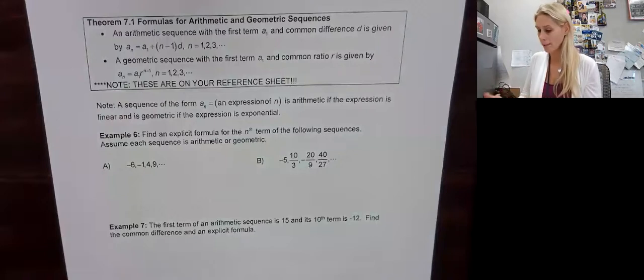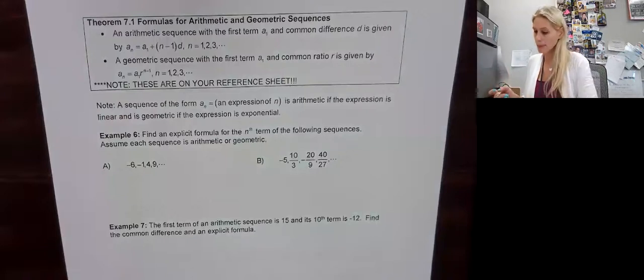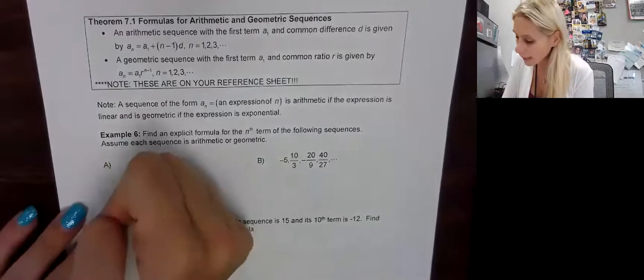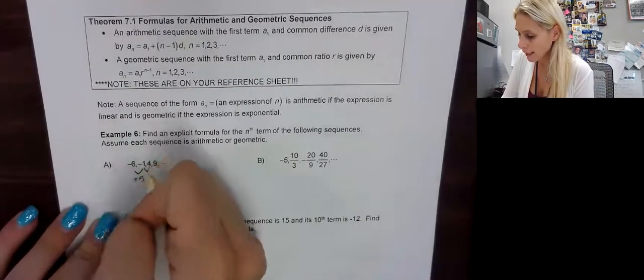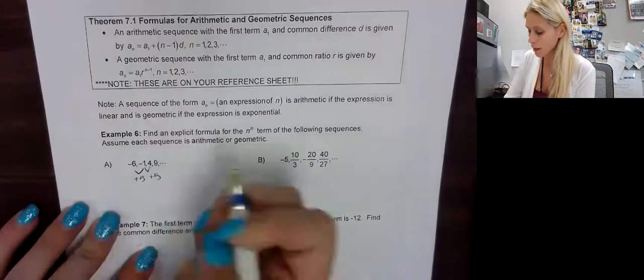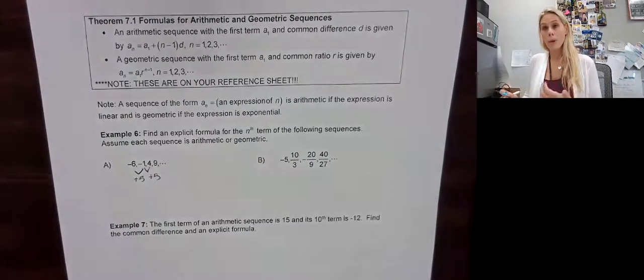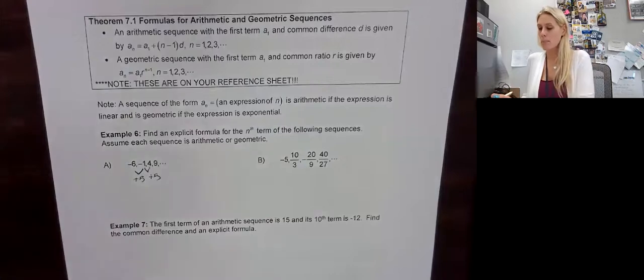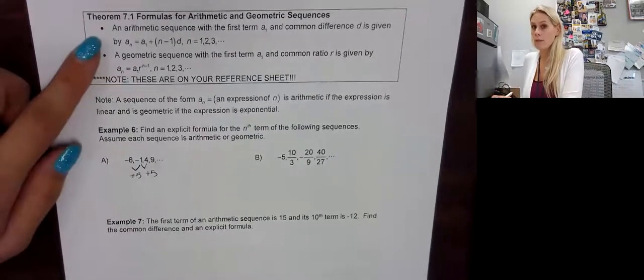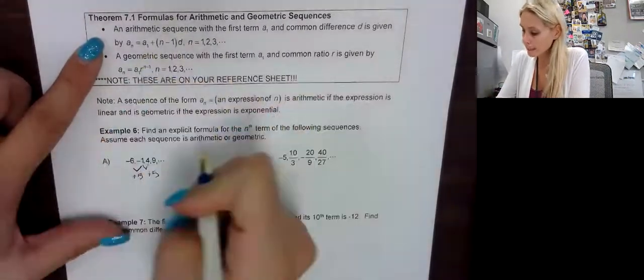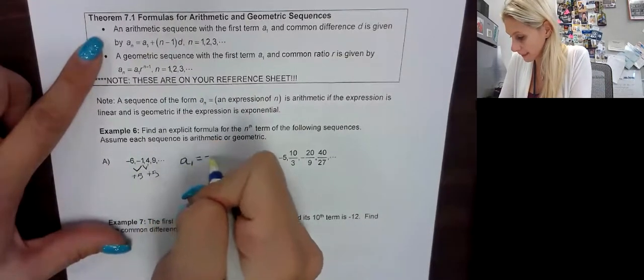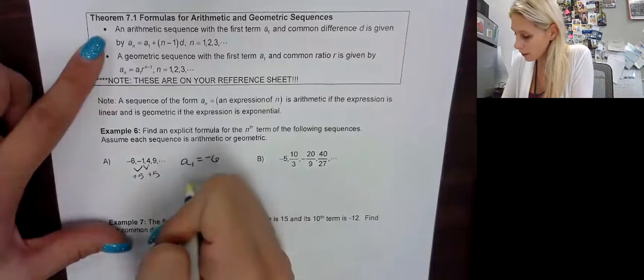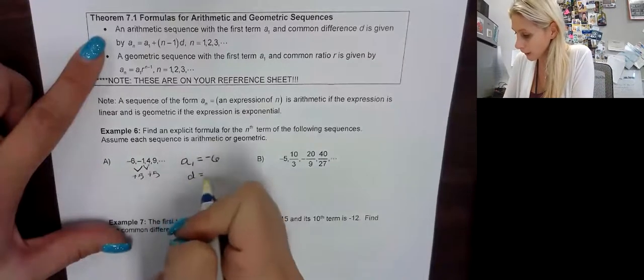whatever common value we have. So on A here, what happens? Well, as you can see, we're adding 5 each time. Adding 5 means it is arithmetic. So what do we need when it comes to an arithmetic explicit formula? Well, we need a subset 1, the first term, which in this case is -6. And our common difference is 5.